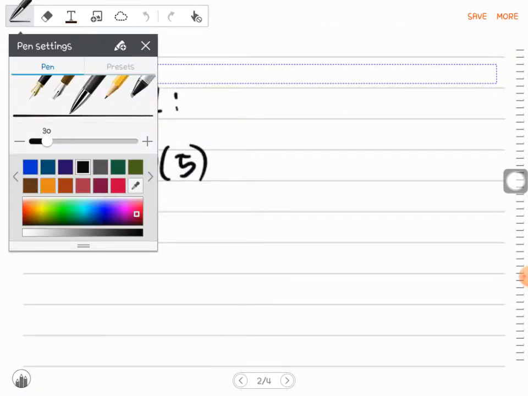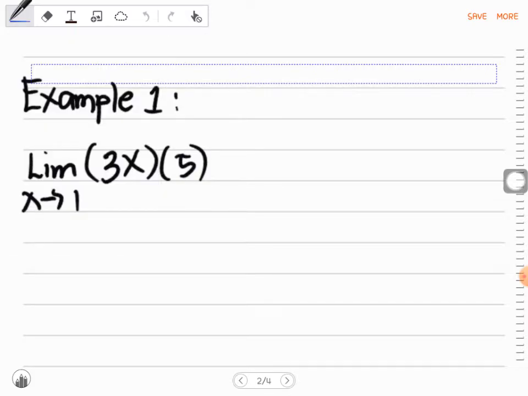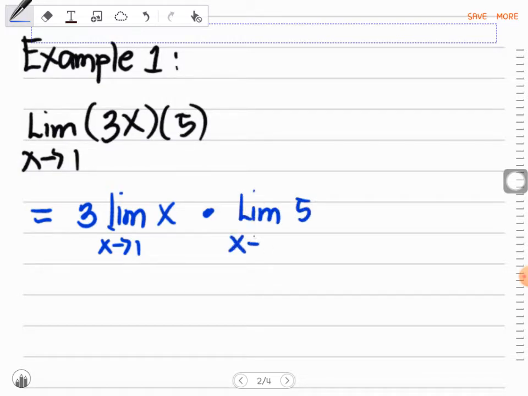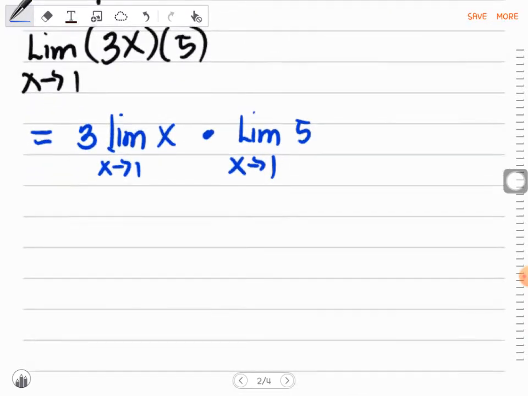For example 1, okay, let's change the color of our pen. We have the limit of 3x times 5 as x approaching 1. To solve this, let's have the first step. Distribute first the limit. So we have 3 times the limit of x as x approaching 1 times the limit of 5 as x approaching 1. After that, substitute the value of x, which is 1.